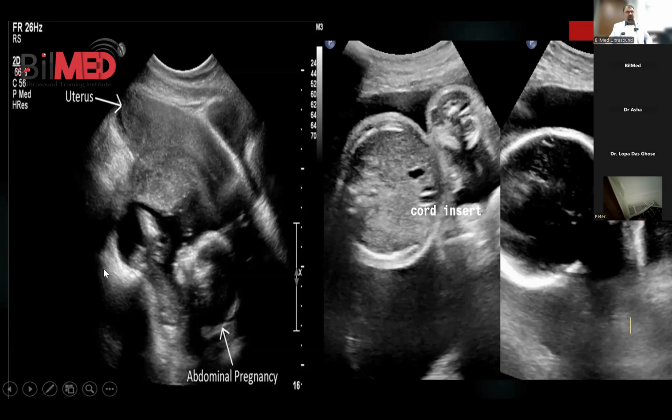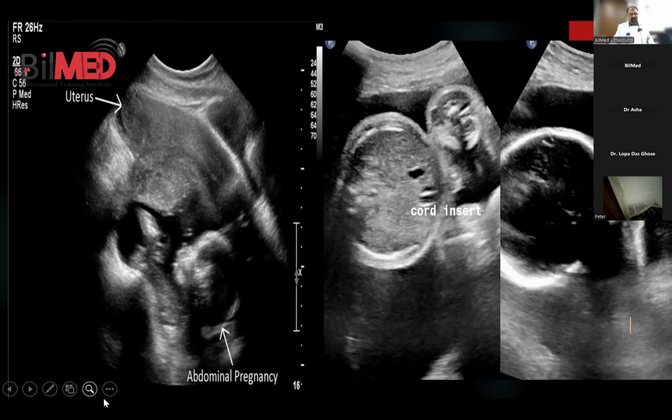So, in the first trimester or in an early pregnancy, it is very easy. I will say very easy to pick a secondary abdominal pregnancy. So this is the fetus over here, and this is the empty uterus.